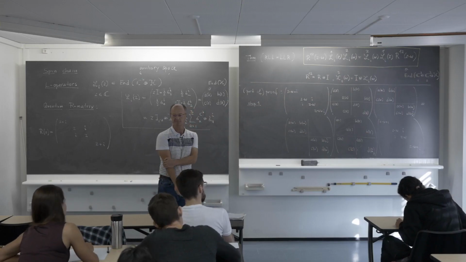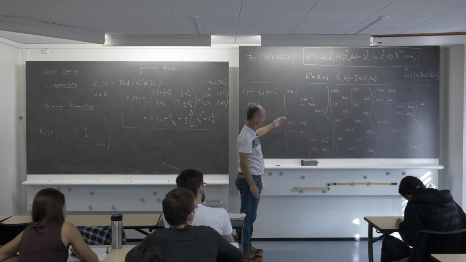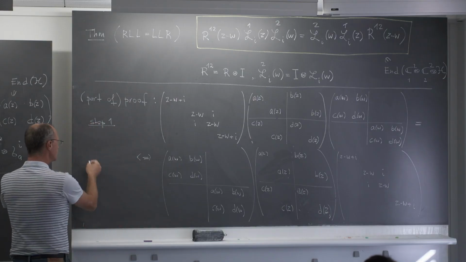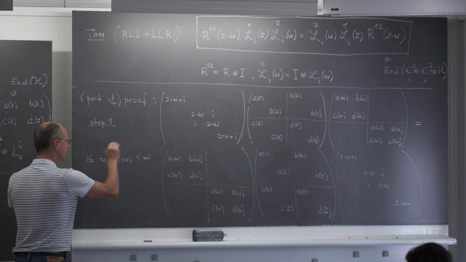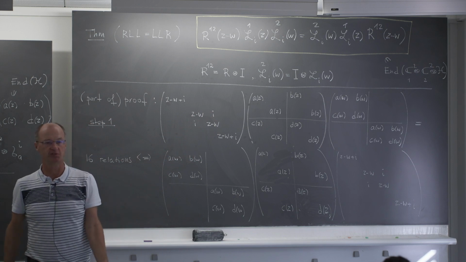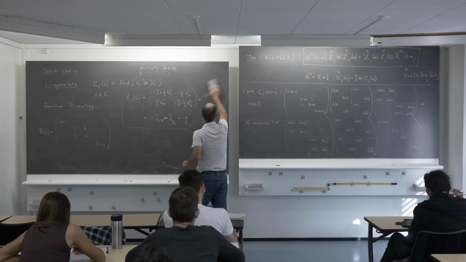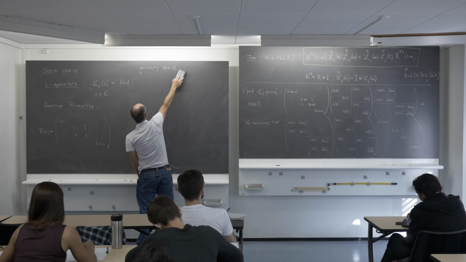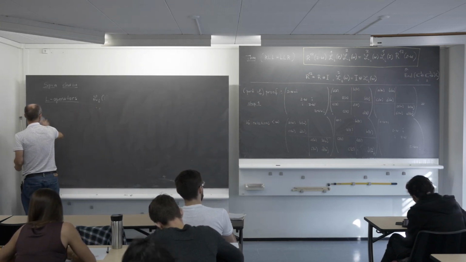So this matrix equation is equivalent to 16 relations between those operators A, B, C, and D. So we're not going to write down all of them or derive all of them, but we can easily imagine that there are those 16 relations.